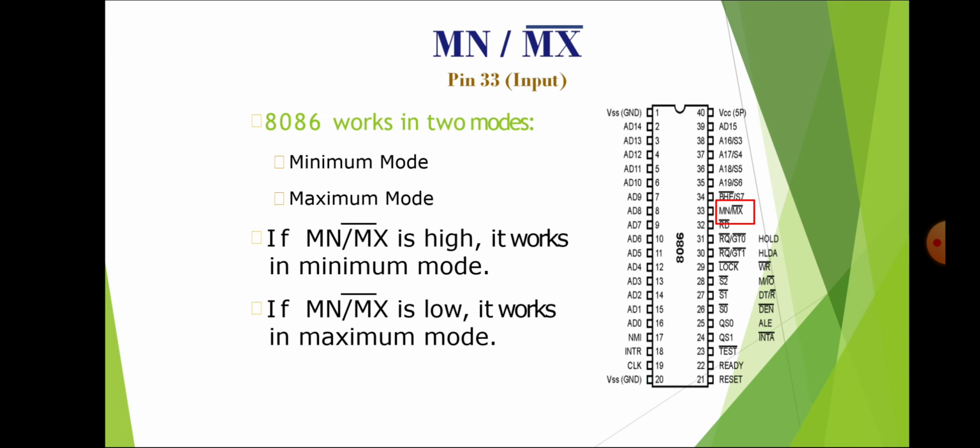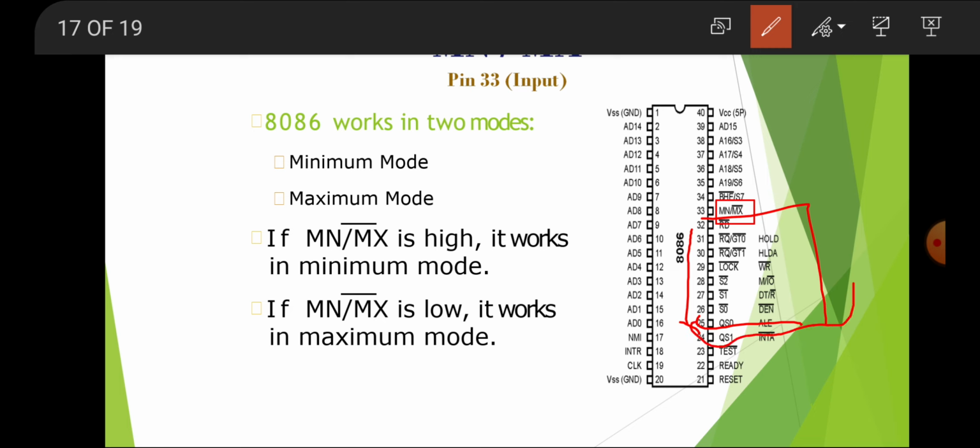Now MN and MX, I am going to take an extra lecture on this. Pin number 34 to 31 are the MX and MN pins, the minimum mode pin and the maximum mode pin.